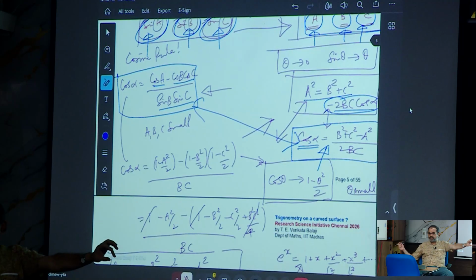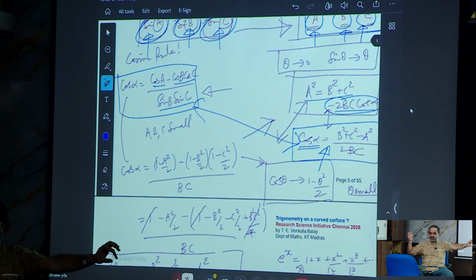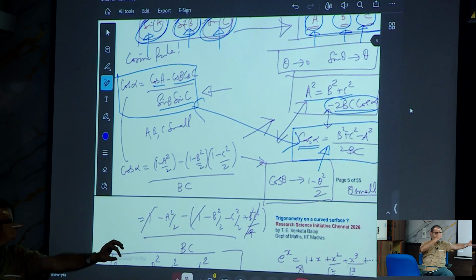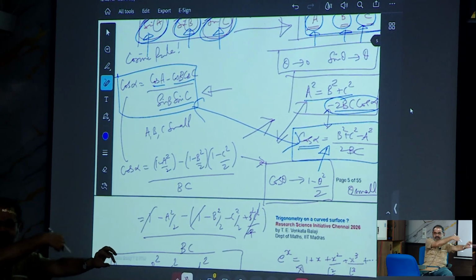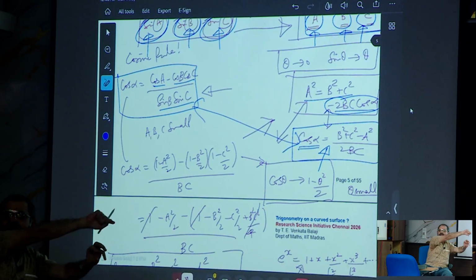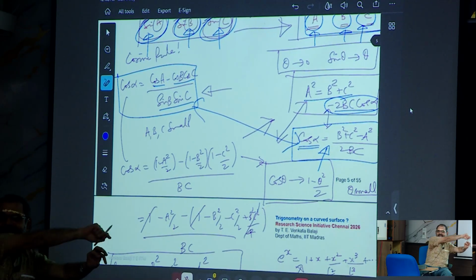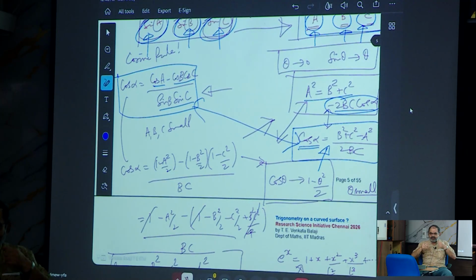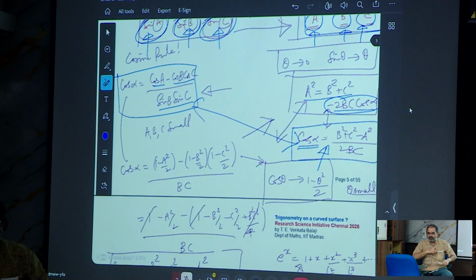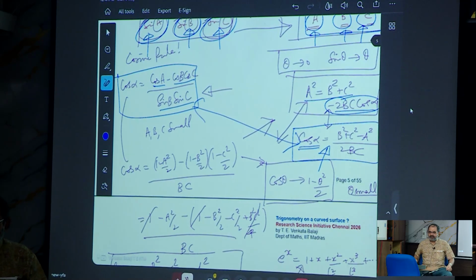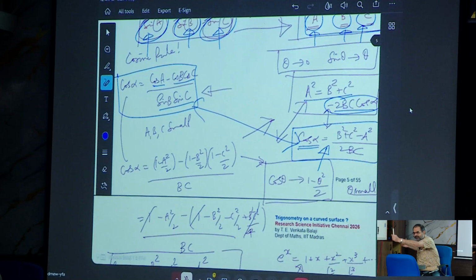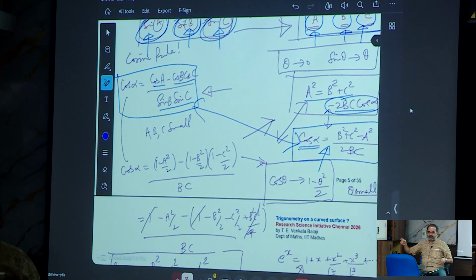You send a craft, and the craft uses the gravitation of the planet to swing around it for free and comes out. It's like if you're running in one direction and you want to turn, if there is a pole somewhere, you can just hold on to the pole, and you will swing around, and then you have reversed your direction. So this is a slingshot.